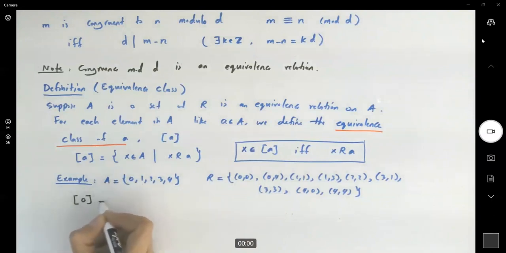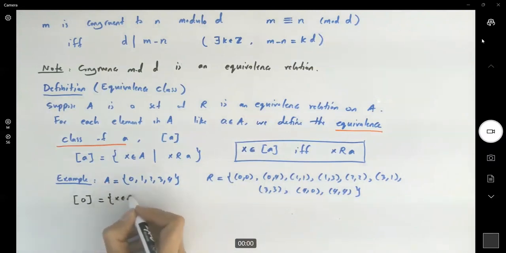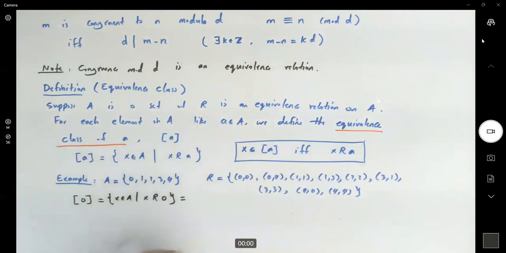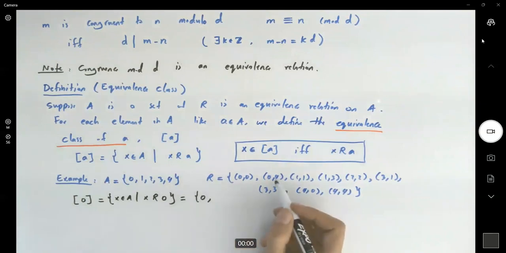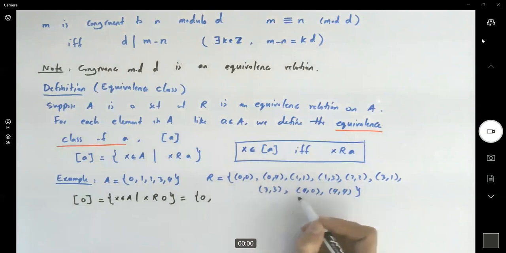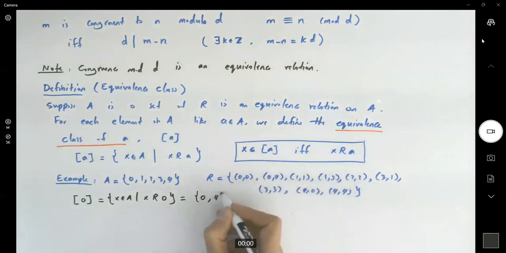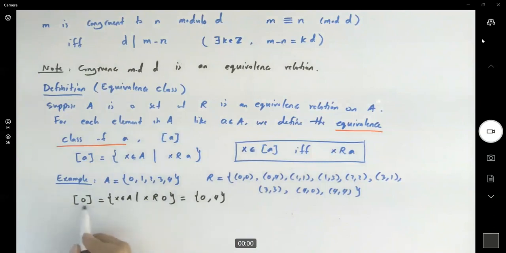Equivalence class of 0 is the set of all elements in A that are related to 0. What members are related to 0? 0 is related to 0, so you're going to write down 0. What else do we have? 4 is related to 0, so you're going to write down 4 as well. So the equivalence class of 0 has 2 members.